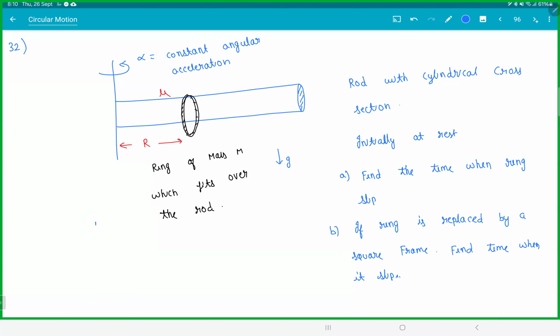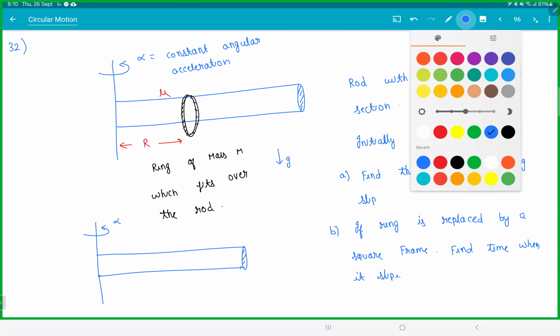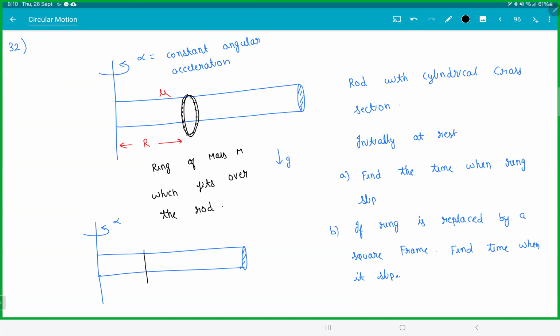This is how it would look. Exactly the same thing, the only difference is the shape. It's a square frame. Same mass, same friction, same R, everything is the same. If this was an advanced paragraph, this is how I'd ask you two questions.